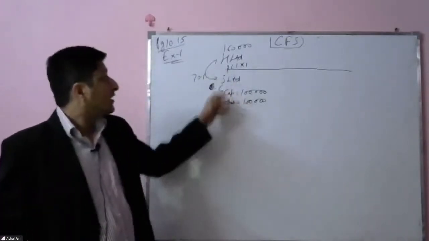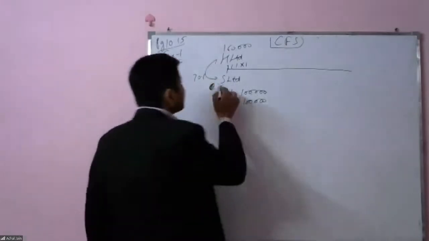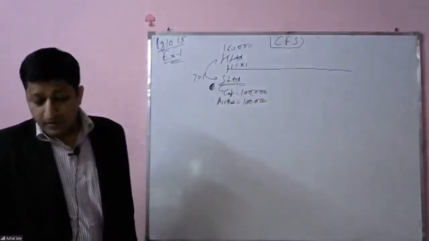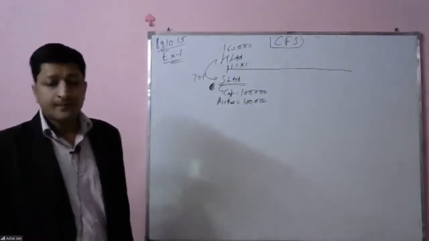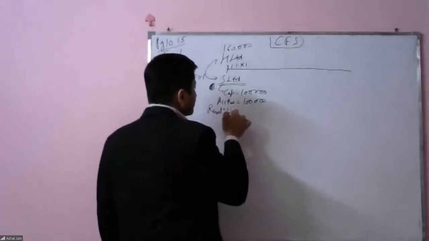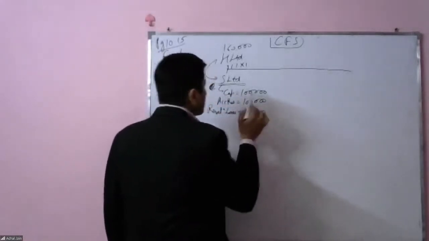So on this date, assets of S got revalued. There was a revaluation loss of 20,000. So revaluation loss was there equivalent to 20,000.